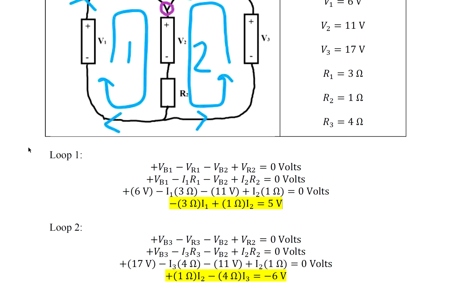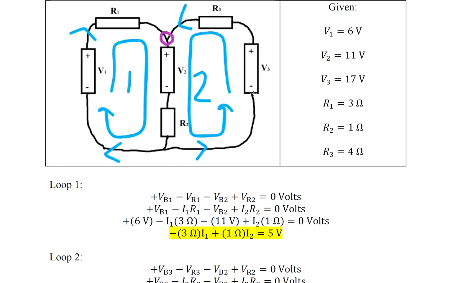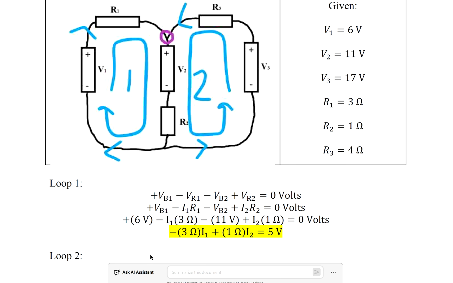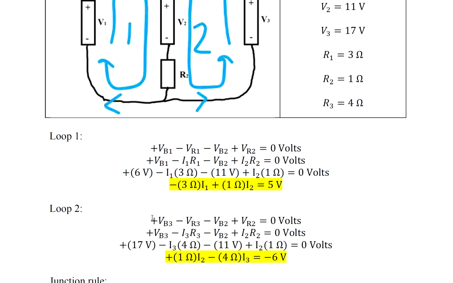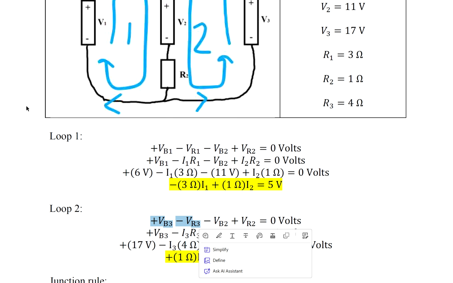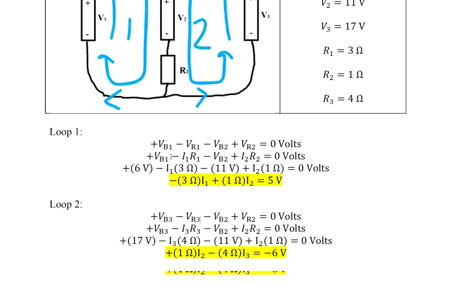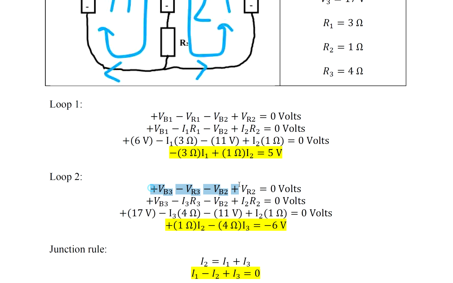Let's take a look at loop 2. I'm going to start here from the bottom of V3, plus V battery 3 minus VR3, which is here, minus V2 plus VR2 equals 0 volts.